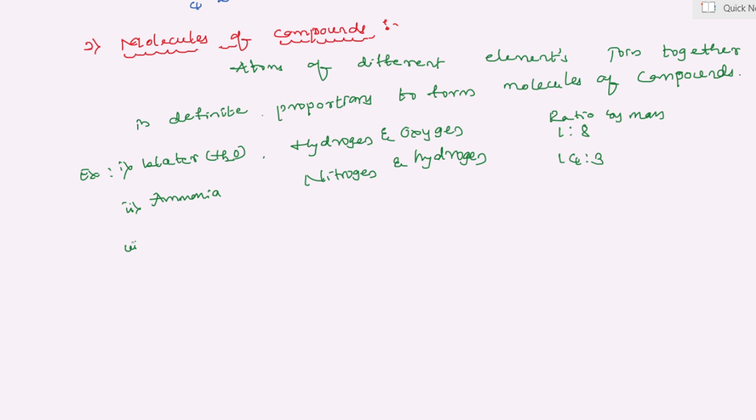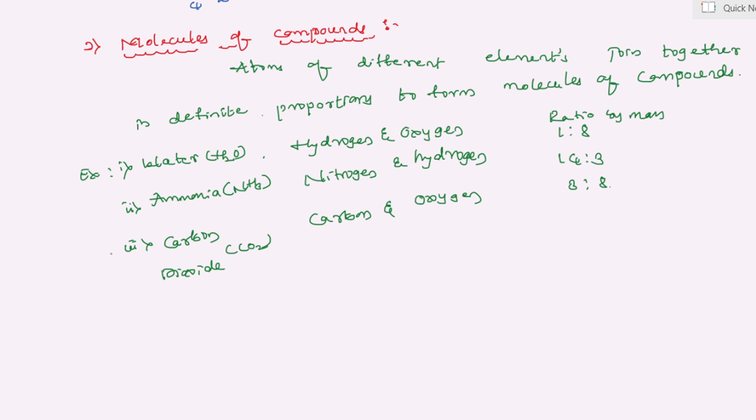Take one more example, carbon dioxide, CO2. Here the combining elements are carbon and oxygen. The ratio by mass is 3:8.